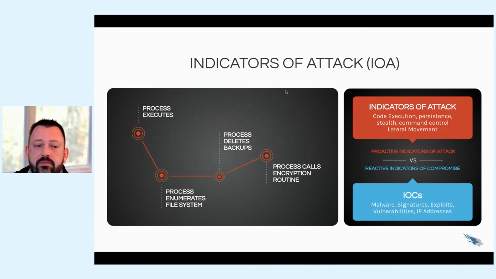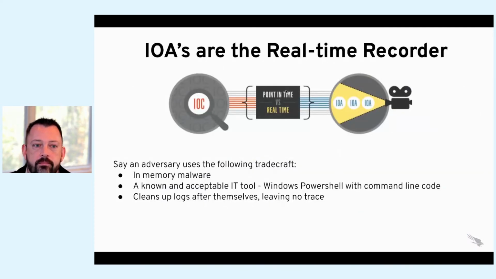So, if we explore the tradecraft here, let's say an adversary has malware that's memory resident. They're using a tool like PowerShell with some command line arguments, and then they clean up after themselves. If we compare the historical state of industry to, say, antivirus, well, the malware was never written to a disk.